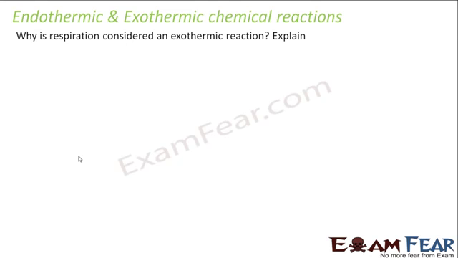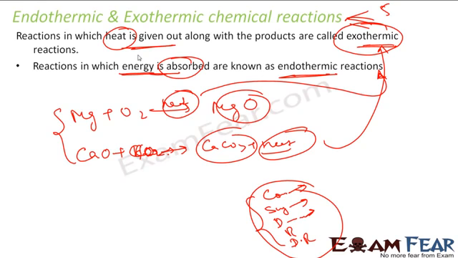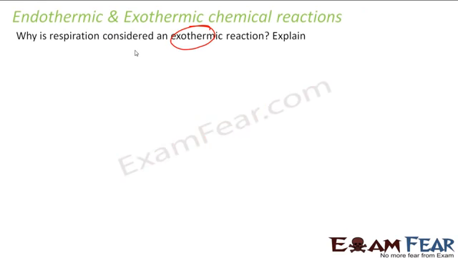Now the question is, why is respiration considered an exothermic reaction? In an exothermic reaction, heat is given out. In respiration, we have food, and oxygen is taken in. With this we get energy and heat.